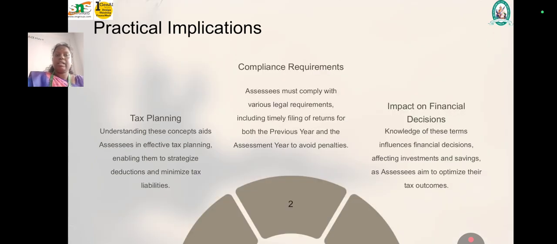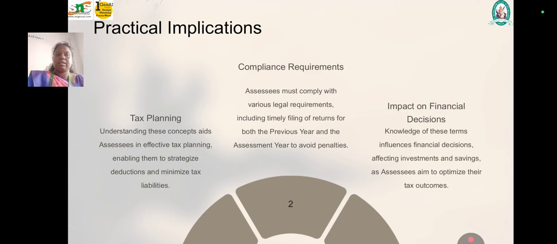Next are the practical implications: tax planning, compliance requirements and impact on financial decisions. In tax planning, understanding these concepts aids the assessee in effective planning, enabling strategies and deductions to minimize tax liabilities.